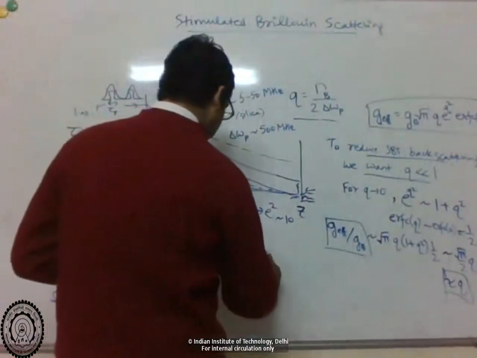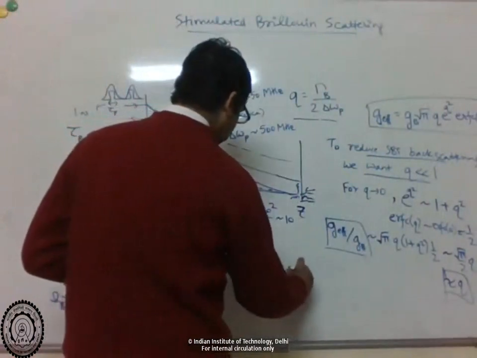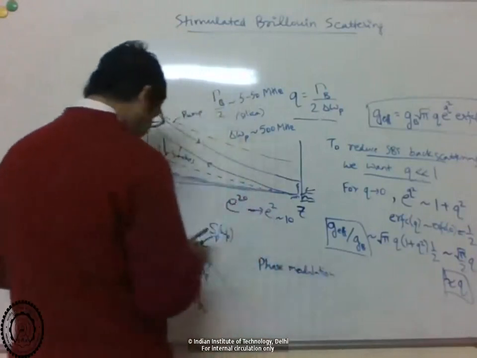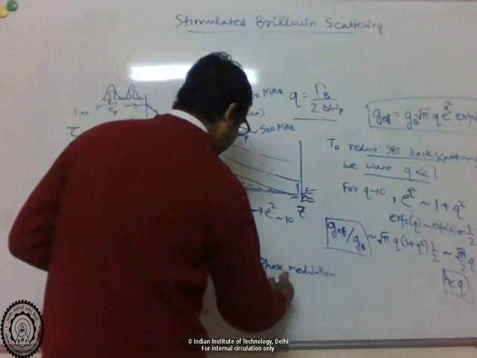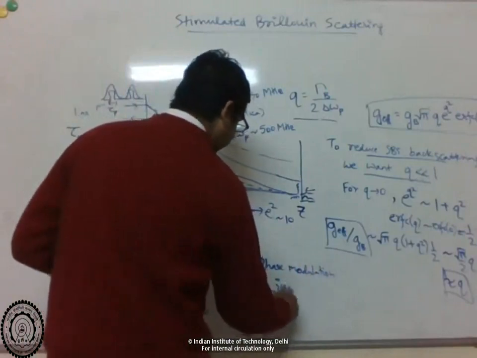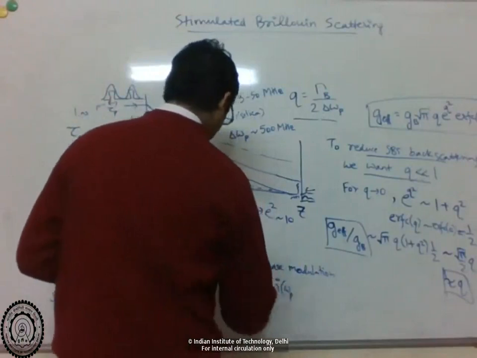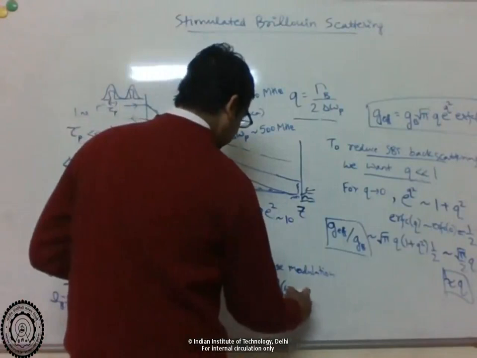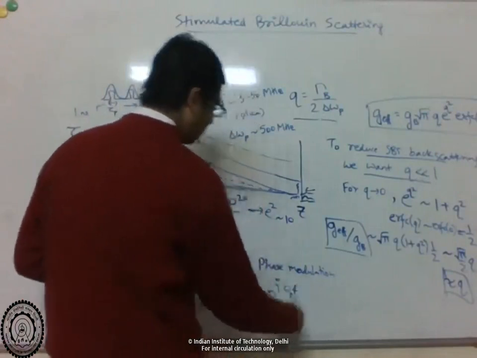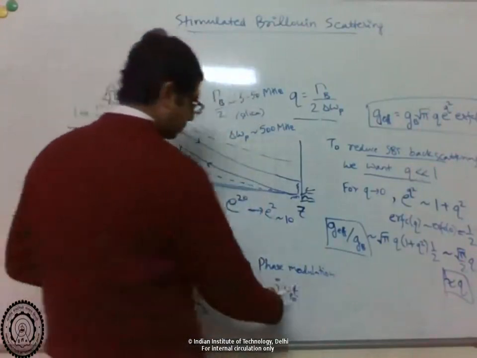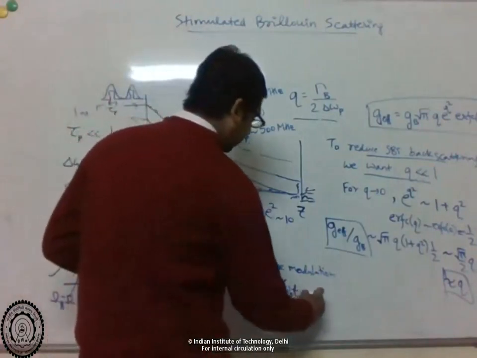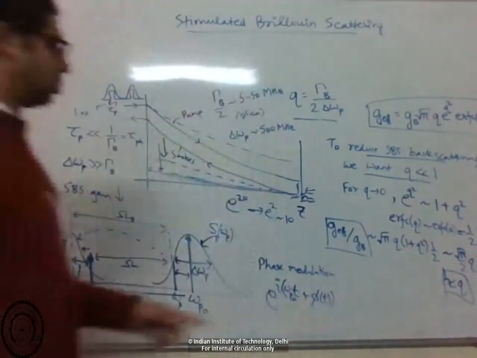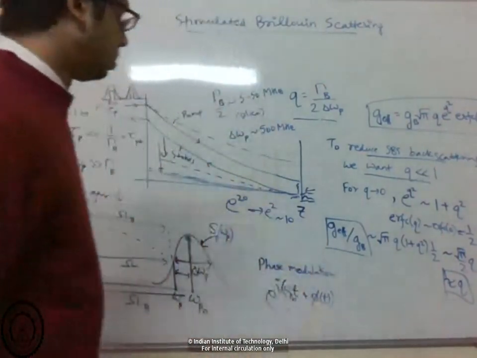So basically, I have some pump frequency, e to the i p naught t, my usual monochromatic pump, and then I apply some phase modulation on it, so phase as a function of time.